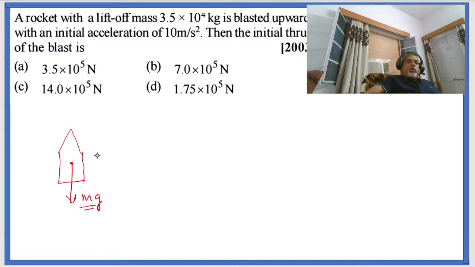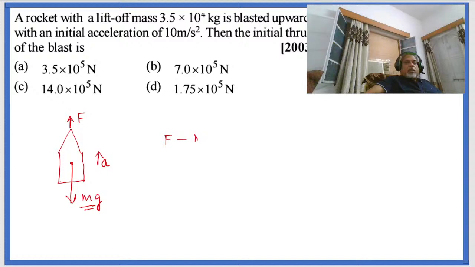The rocket is moving upward with acceleration 10 meter per second square. Then the initial thrust of the blast will be nothing but F, that is your force.